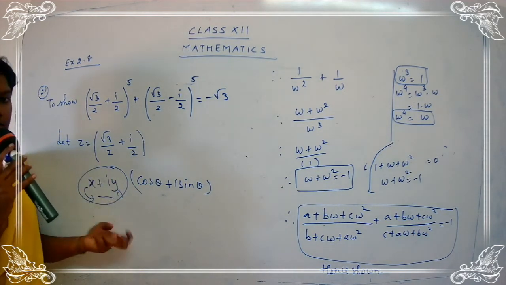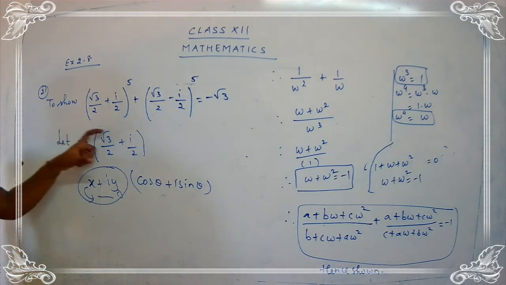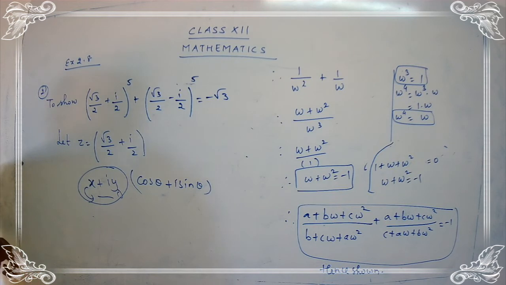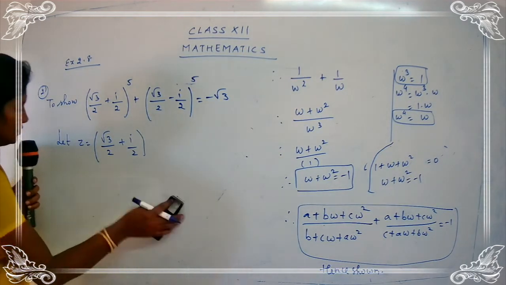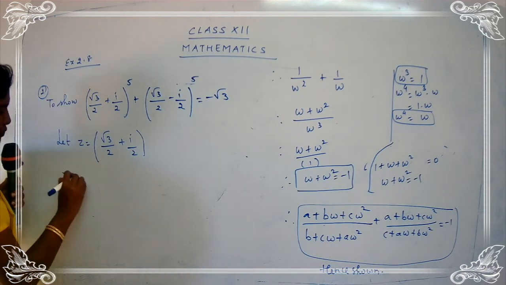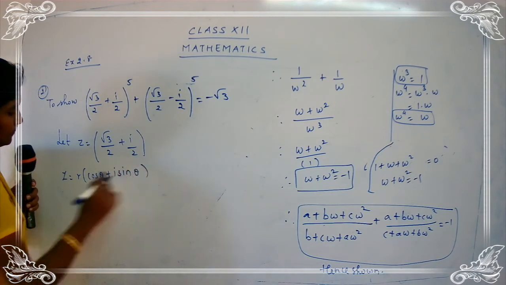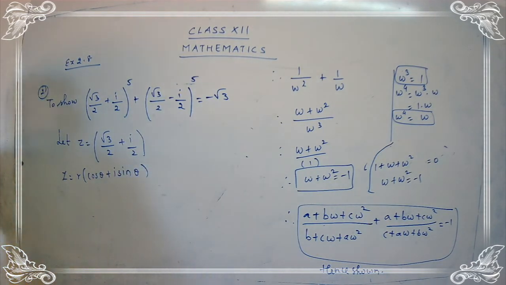Okay, children? So now we are going to make this in terms of polar form, using the method that we followed in our previous exercise. Let's start the sum. Let z is equal to r (cos theta plus i sin theta). I'm going to convert this in terms of polar, so I'm just writing the form over here. Now you know how to find the value for r.